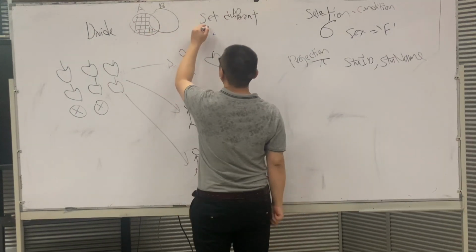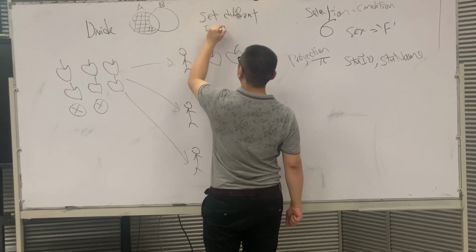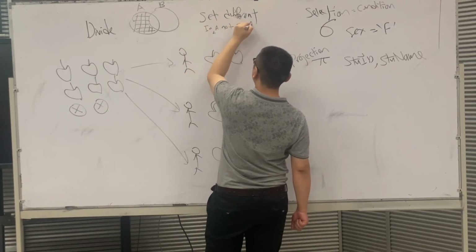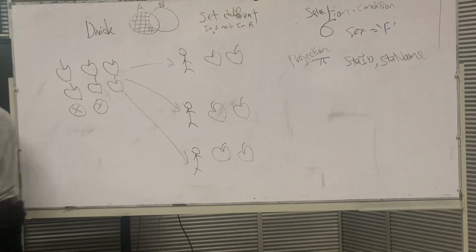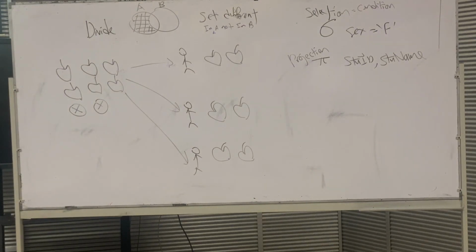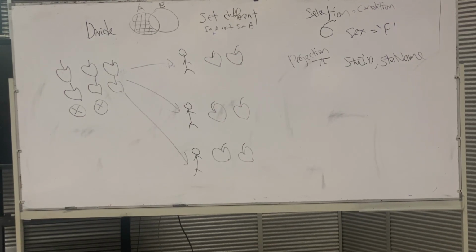Then join, you know, foreign key join. Intersection is the middle part. Division is what I do here.